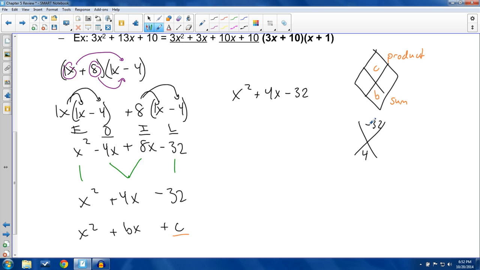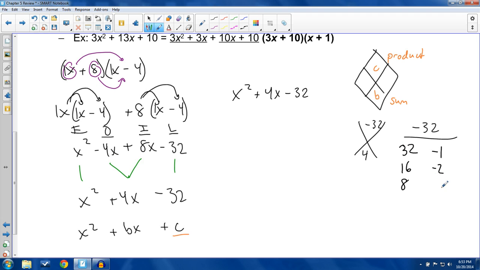Because it's negative, when you list factors, one of your numbers will be positive and the other will be negative. The positive number will be bigger because when you add the positive and negative together, you're getting a positive result. So when I list factors of negative 32, I want to list the positive number as the bigger number.